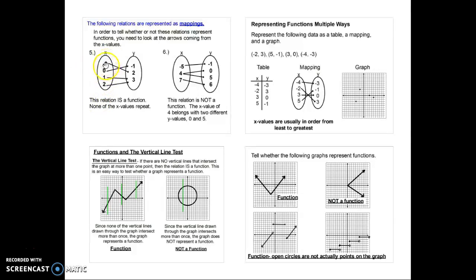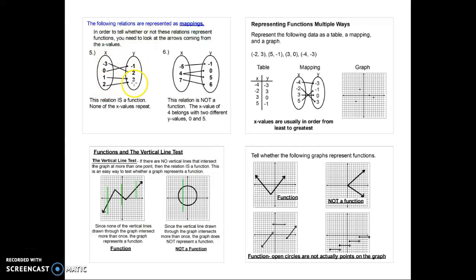So this shows you here that -3, an x value, is actually paired up with +2. Okay? 0 is paired up with -1, 1 is paired up with 3, and 2 is paired up with 3 as well. If you notice, the x values always go from least to greatest when they list them, and so do the y values.